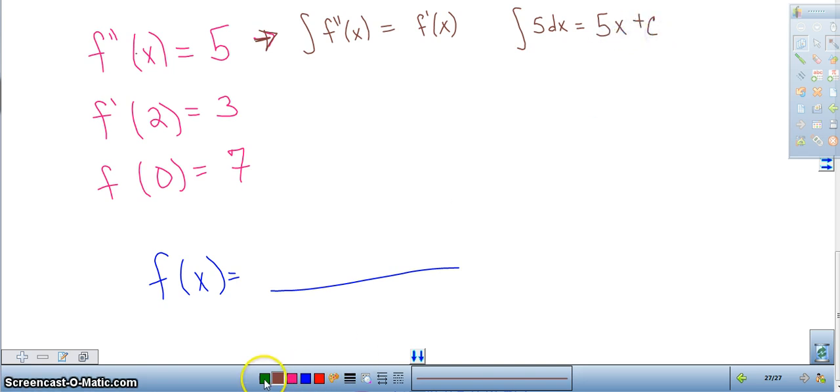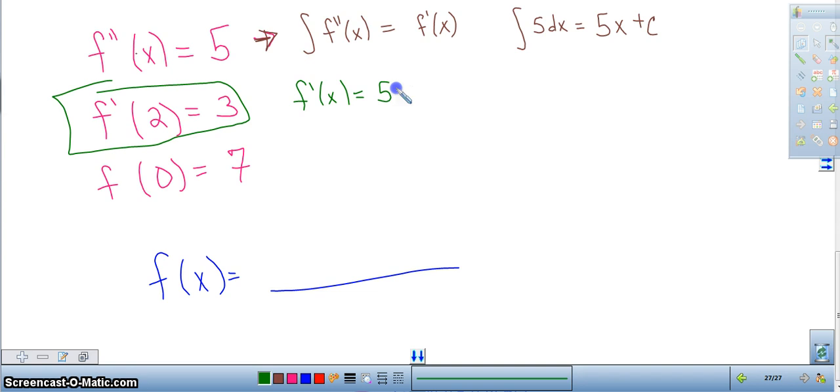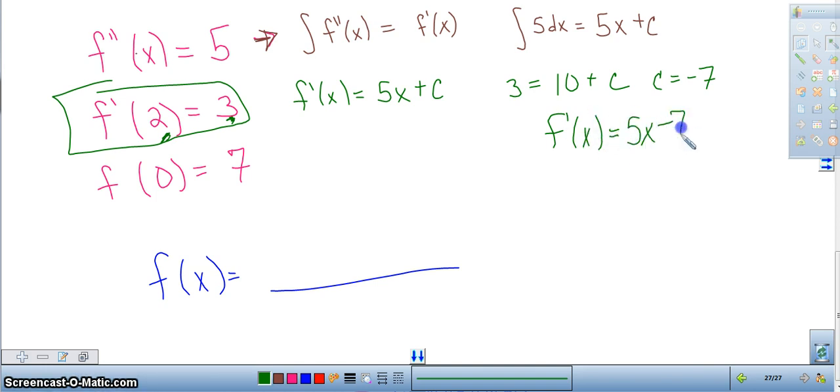I need to find c. That's where this comes in. I know that my first derivative is equal to 5x plus c, and when x is 2, my first derivative equals 3. So 3 equals 10 plus c, so c equals negative 7. Now I know that my first derivative equals 5x minus 7.